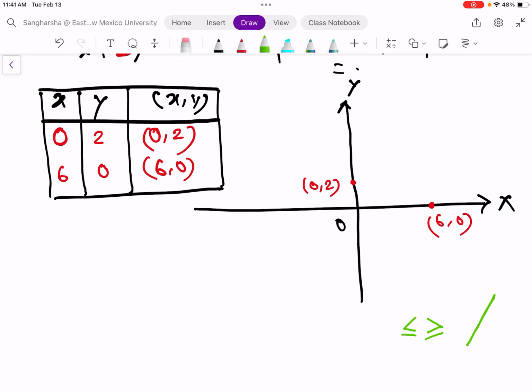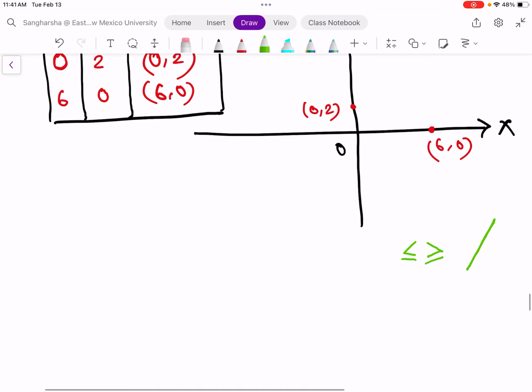If you have strictly less than or strictly greater than, then you're going to use a broken line to connect the 2 points.